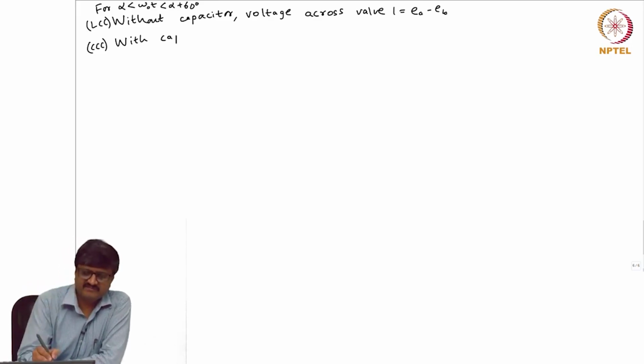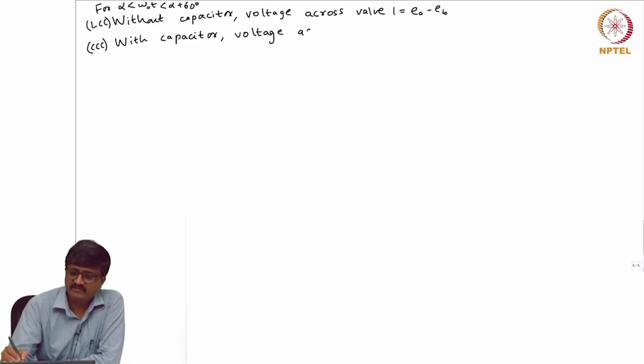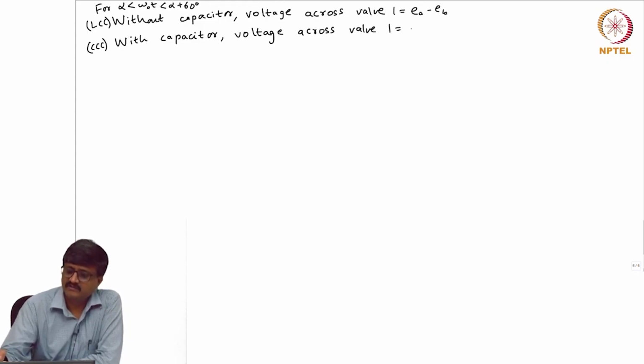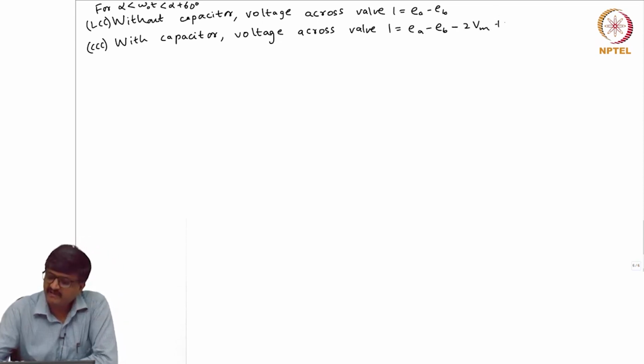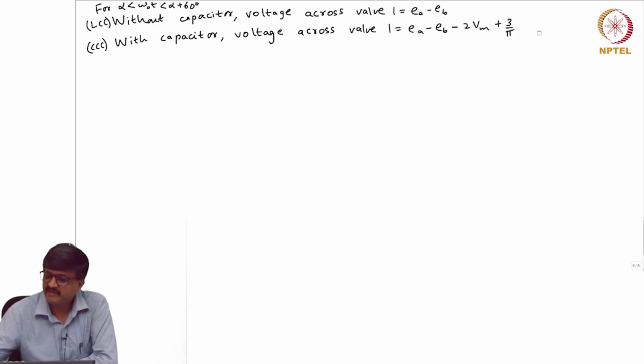So, with capacitor, voltage across valve 1 is, in addition to this Ea minus Eb, minus 2 Vm plus 3 by pi Vm into omega t minus alpha.